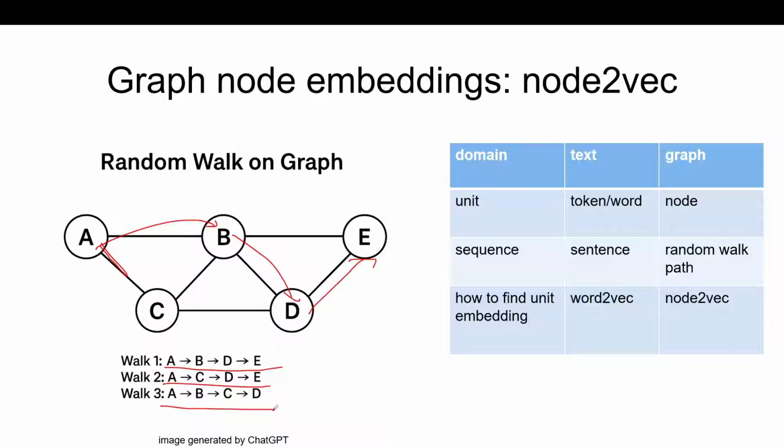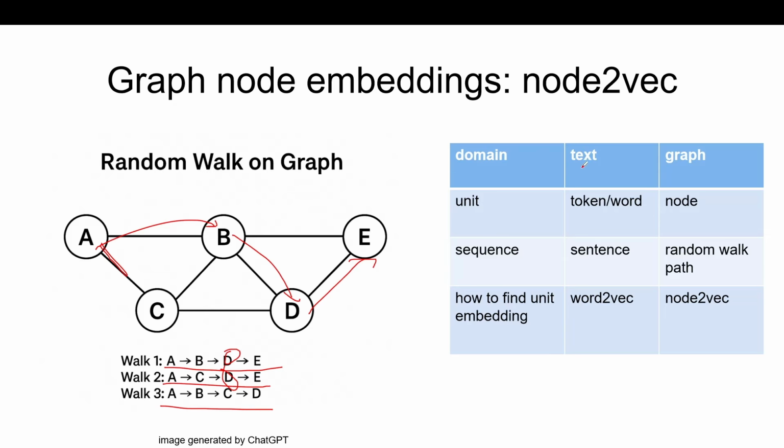Once we get these random walks, we have a bunch of corresponding sentences, and the word here is just the node. So each node is similar to a word in a sentence, and we can make a comparison here.